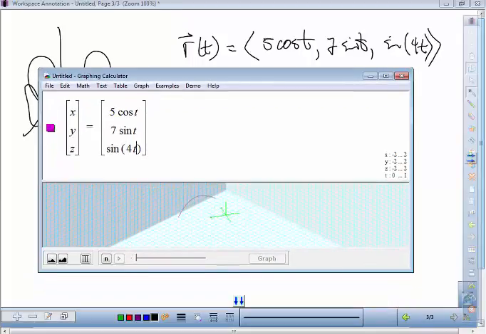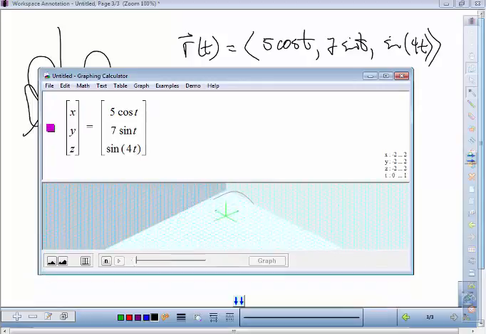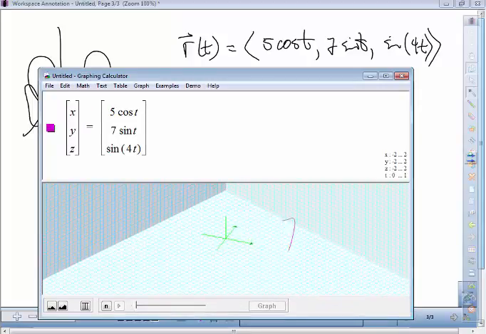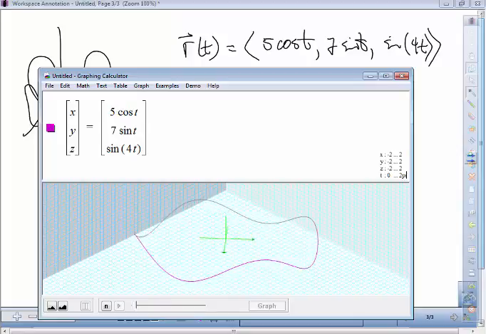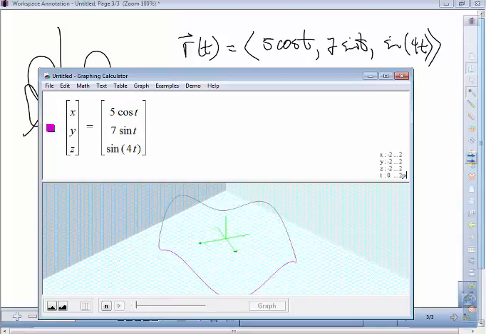Let's see, that doesn't look exciting. Right now it's going from 0 to 1, so it's only going to give me 1 radian's worth instead of 2 pi, which is what we normally do. So let's go 2 pi, and then we get that. It looks kind of wavy.